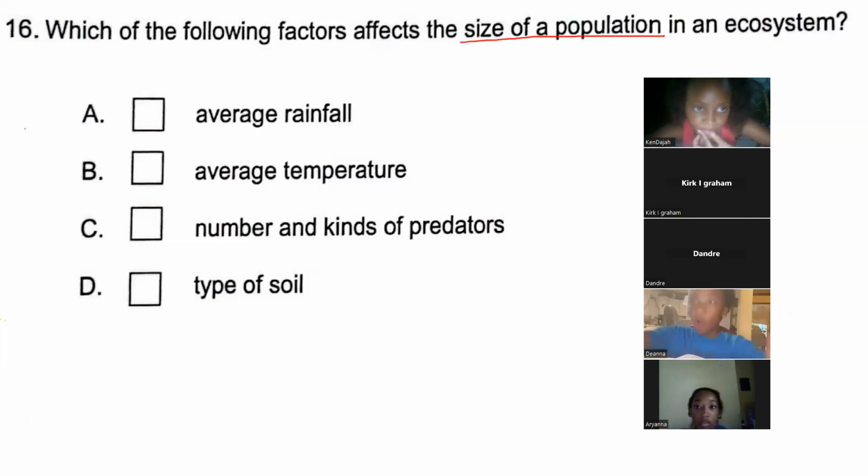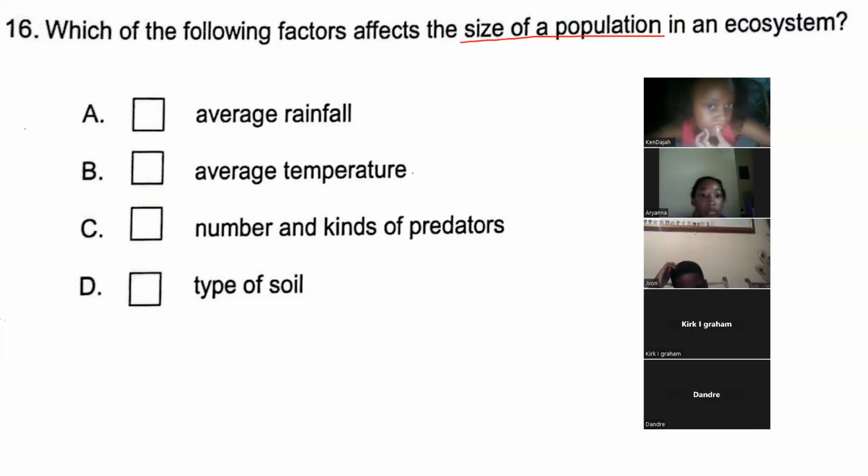Is it going to be the amount of rainfall? The temperature of the environment? The predators or the soil? What's going to affect the size of the population of the ecosystem? Ariana, is it predators? Yes, the number and kinds of predators.